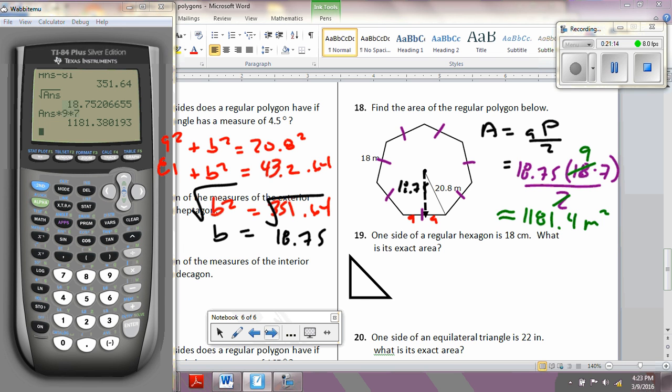So there's always a special right triangle within a hexagon, and the height of that right triangle will be the apothem. So that's your apothem. And then it's always across from 60 degrees.